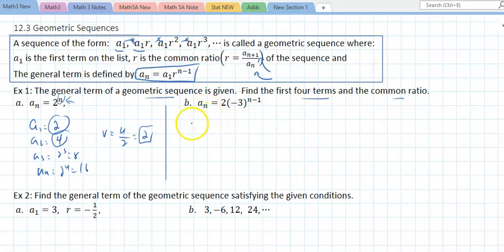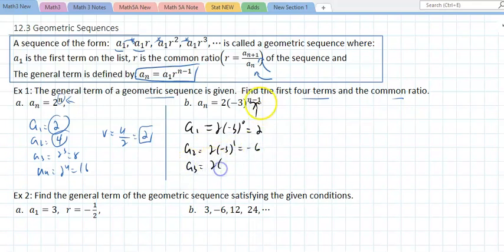Second problem, A sub 1, if you put a 1 in there, that's a 0 power, so that is 2 times 1, which is 2. Second term, put a 2 right there, that's 2 times negative 3 to the 1, that's negative 6. A sub 3, put a 3 in there, 3 minus 1 is 2, negative 3 squared is 9, times 2, that's 18.